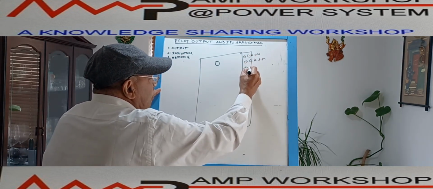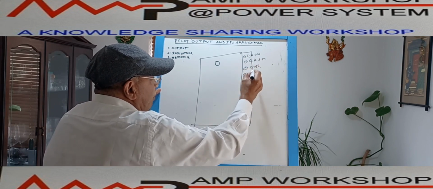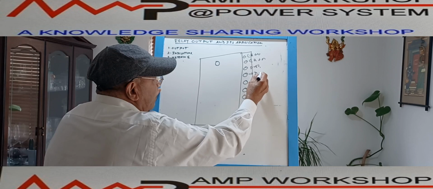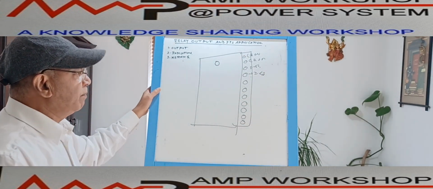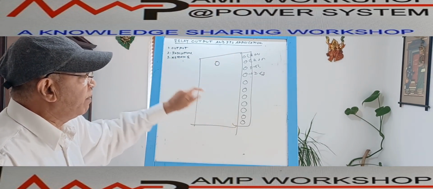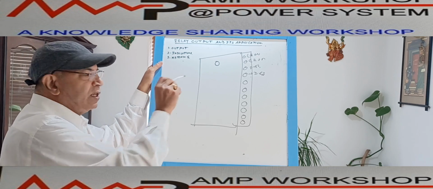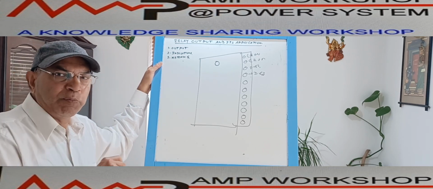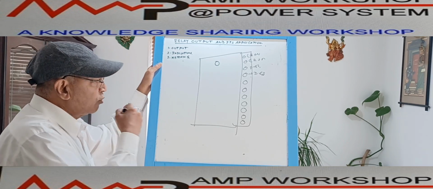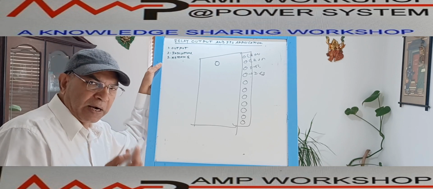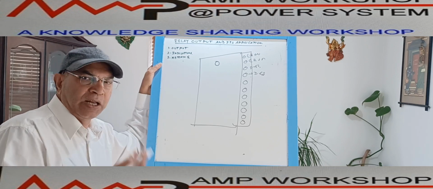Suppose this is protection operated. Suppose a DCS command comes, DCS command issued. The way I want to configure the indication lamp, I can configure it. How will I configure it? The input to each indication lamp will come from that particular function, either through the auxiliary contact, or through the multiplying contact, or from the main protection relay itself.